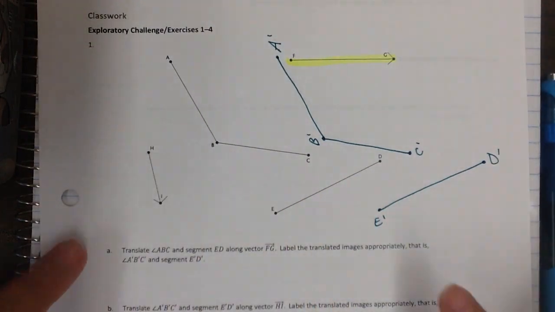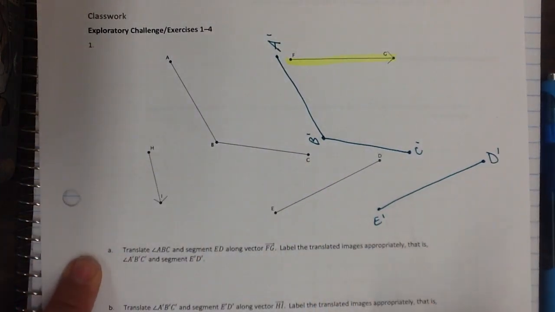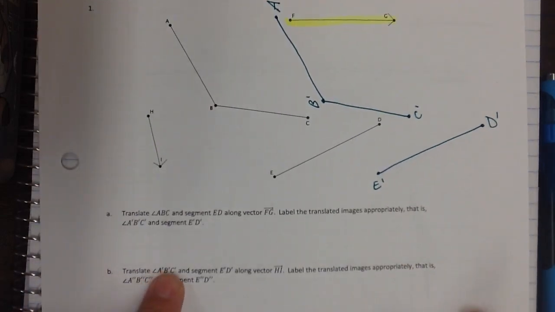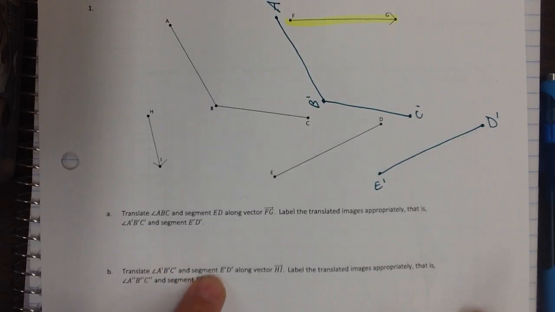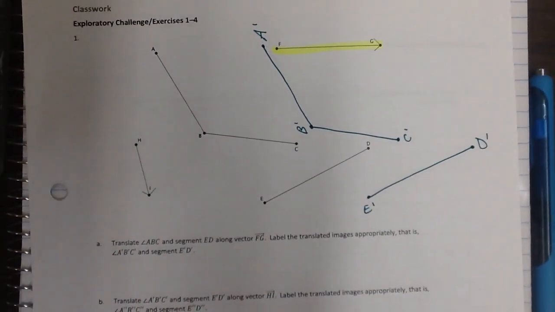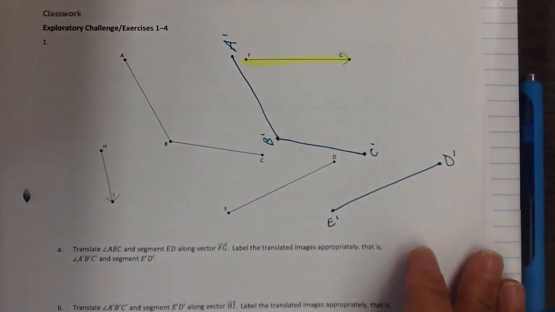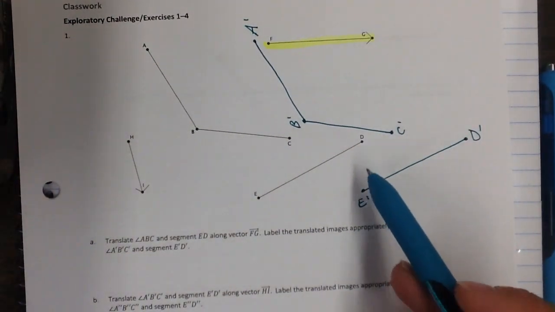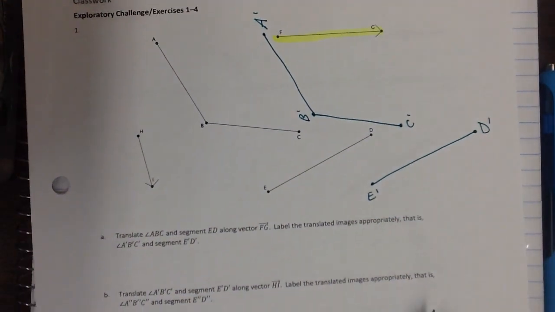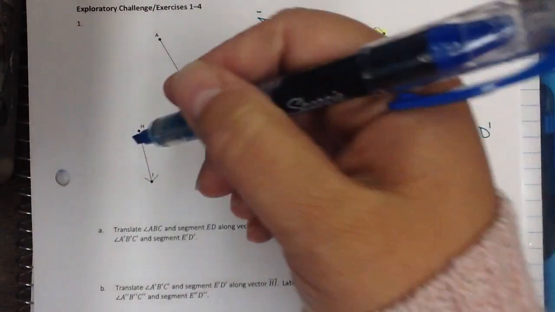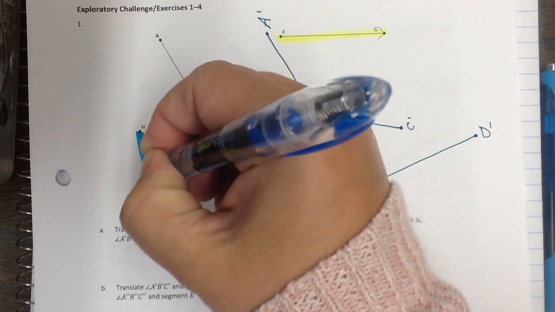So that is moving with A. Okay, B says translate angle A prime, B prime, C prime, and segment E prime, D prime, which is this. These 2 that I already drew along vector HI. So now we're going to use these 2 that I drew and vector HI, which is right here.